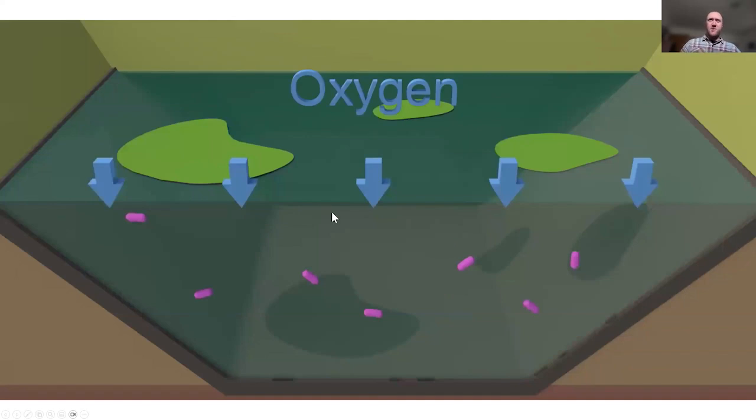Okay, and also in this aerobic zone, so this is towards the top of a lagoon, whether it's aerated or if it's just a facultative lagoon, there's also oxygen coming in at the top, and that's coming in due to wind. Wind is going to make the top of the lagoon a little choppy, and oxygen gets incorporated into the water. But also there's algae growing on top, and the algae is adding oxygen to the water through photosynthesis.